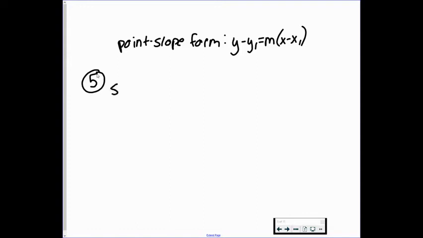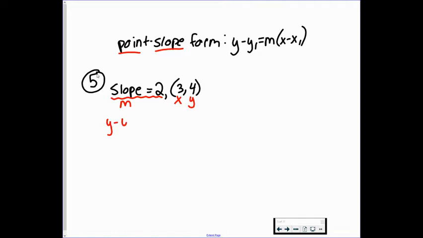On question 5, we know that the slope is 2, and the ordered pair the line is passing through is (3, 4). So the great thing is, point slope form, all you need to write it is a point and a slope. The slope is 2, which is m, and here's x, and there's y.